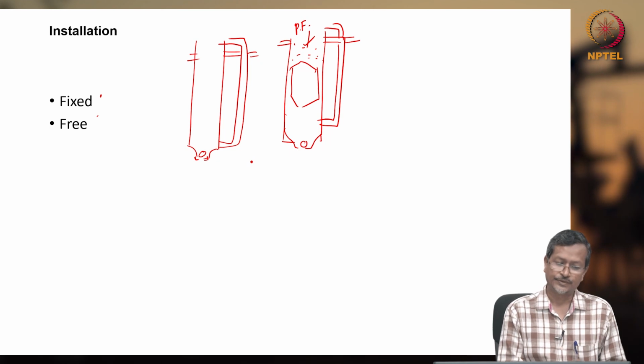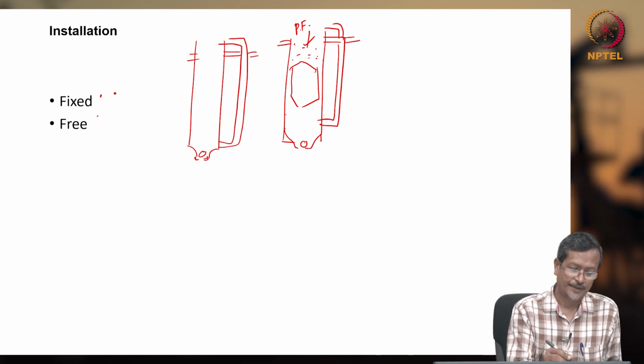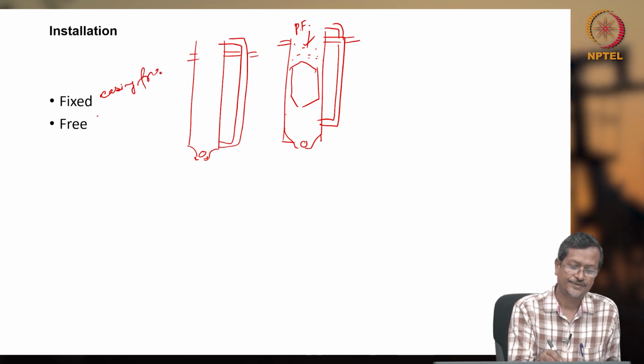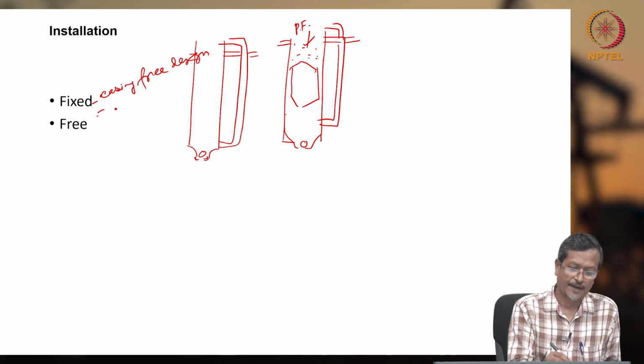So for this free type system, there will be the casing free design, and there will be the parallel free design.